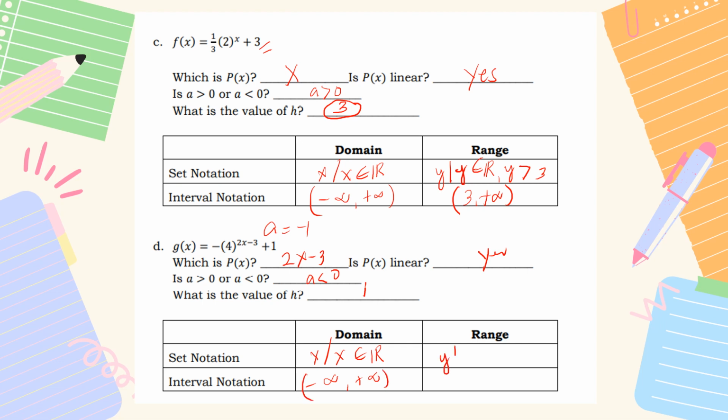And for the range, it's y such that y are elements of real numbers such that y is greater than 1. Less than, I should say. So this should be less than. So y is less than 1 because we have less than 0 here. That's your basis. So, it's from positive 1 to negative infinity.